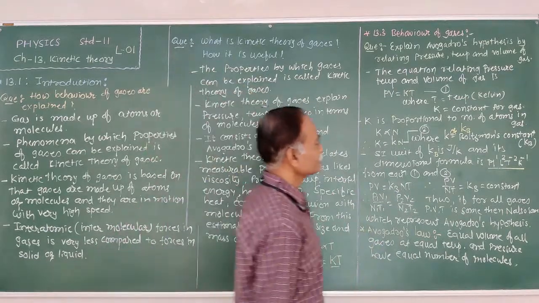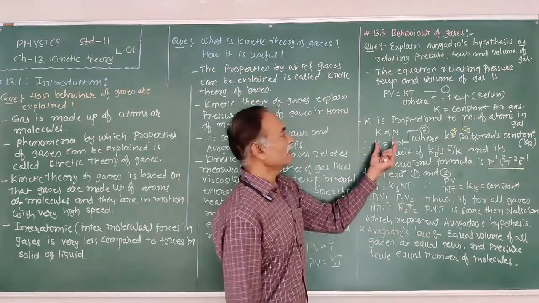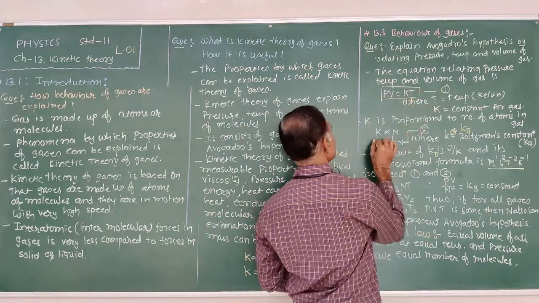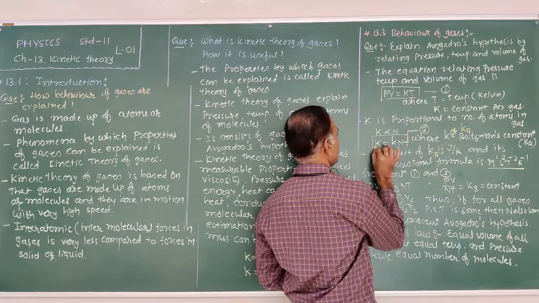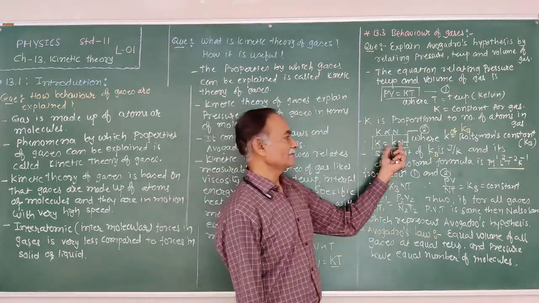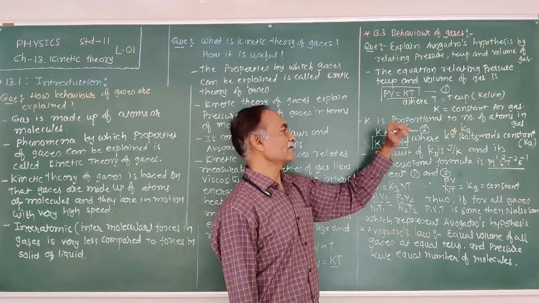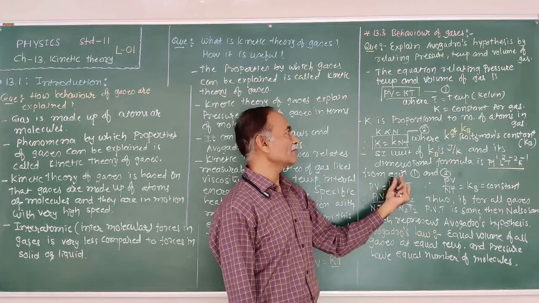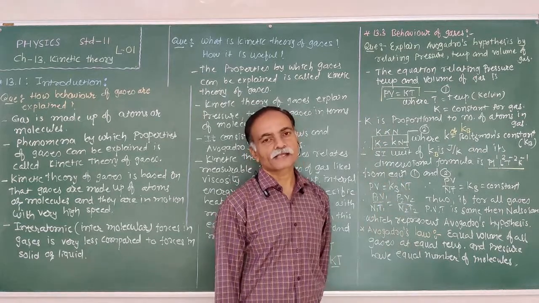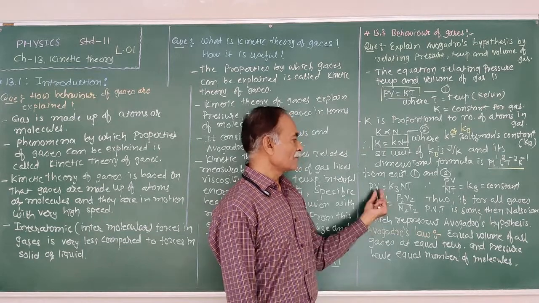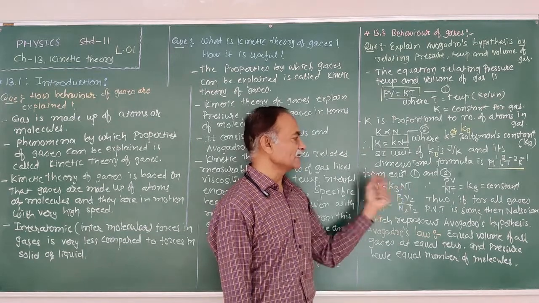Now our equation 1 is PV is equal to KT. Equation 2 is K is equal to small k into N, or small Kb into N. Substituting equation 2 in 1, therefore PV is equal to Kb N T. So from this equation, PV upon NT is equal to Kb.